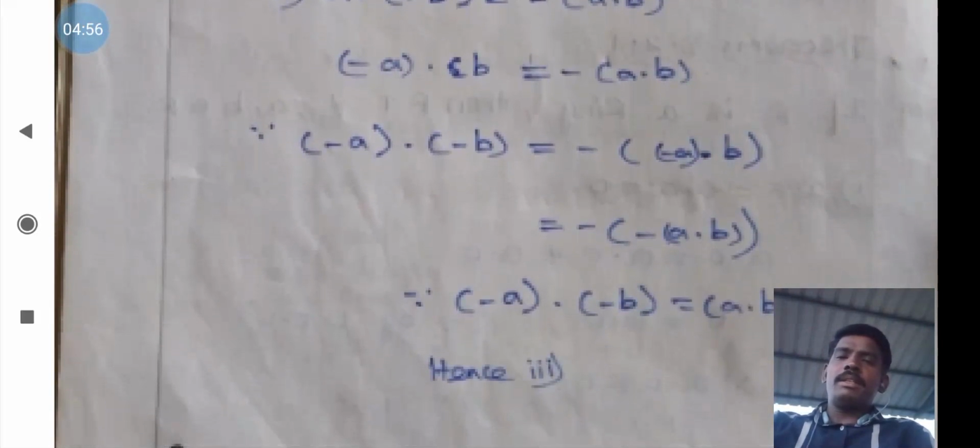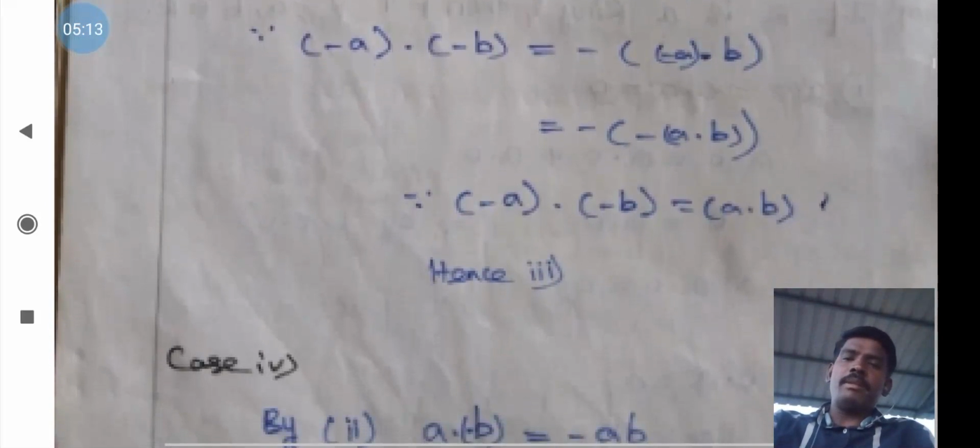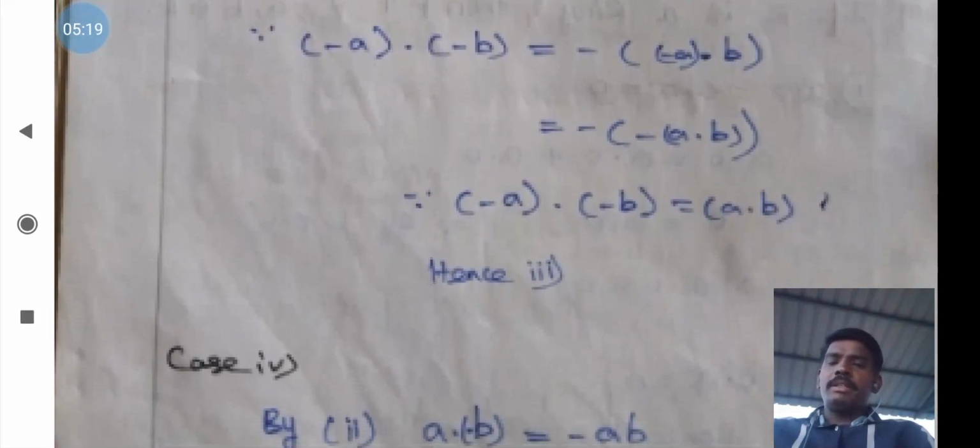From minus of b, I take the minus outside. Therefore, I get minus of (minus a) dot b. And also from minus a, I am bringing the minus outside. So minus into minus of (a dot b). We know that it is equal to a dot b. Therefore, (minus a) dot (minus b) equal to a dot b.